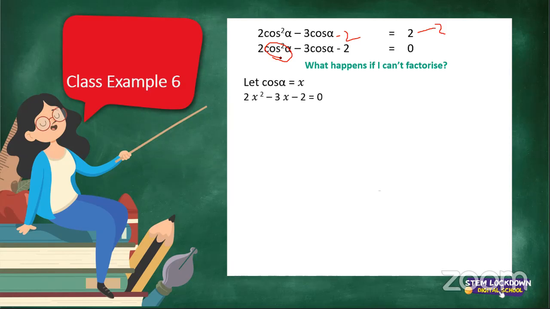What do we do when we cannot factorize? We apply our quadratic formula, right? Where you have your a, your b, and your c.